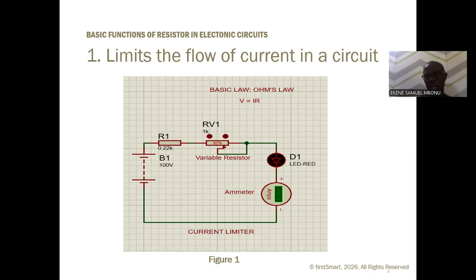When we say something is connected in series, what it means is that the same current will flow through the components. Things that are connected in series will have the same currents flowing through them. If they are connected in parallel, they will have the same voltage across them.